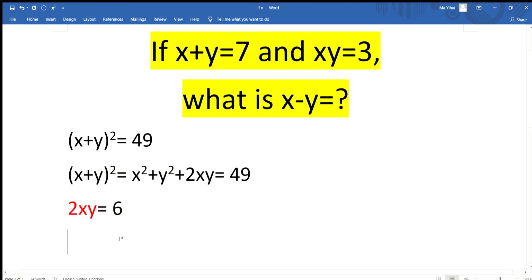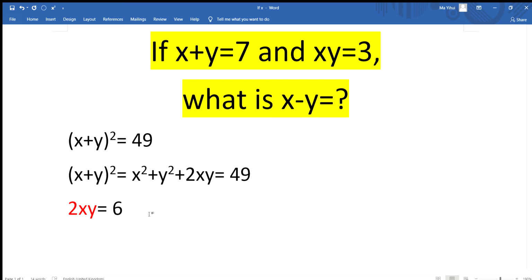Since you know this part of the expression, which is 6, and the whole expression is equal to 49, I want to ask you, what is the value of x squared plus y squared?